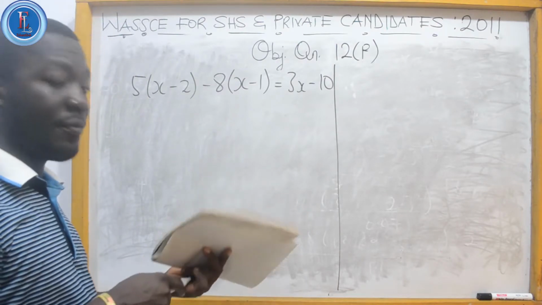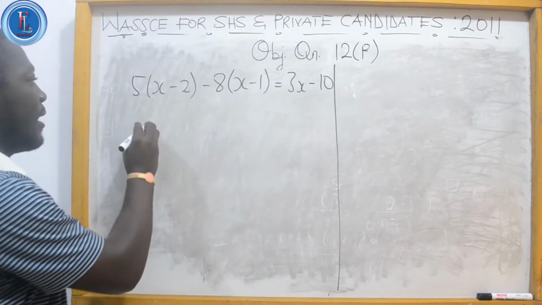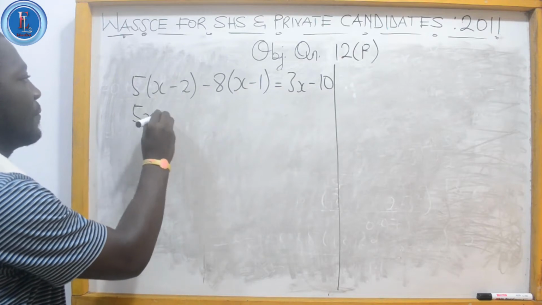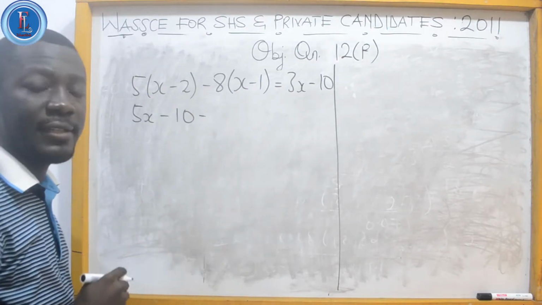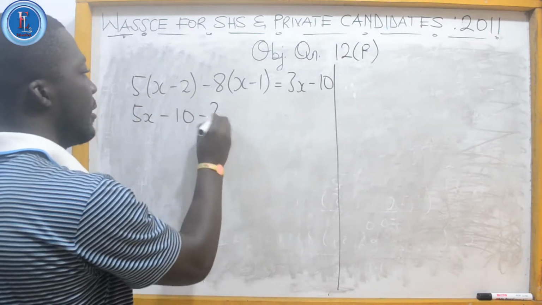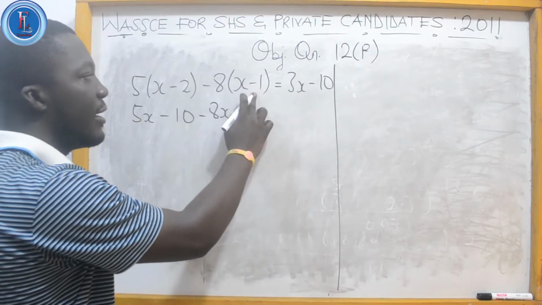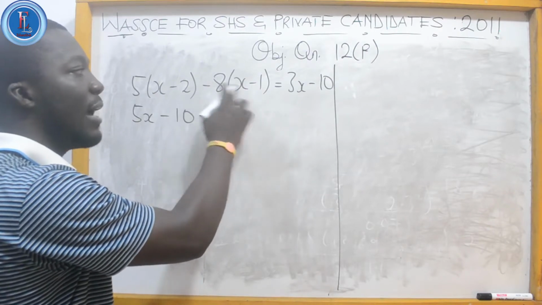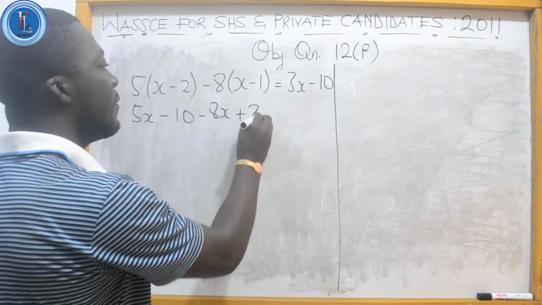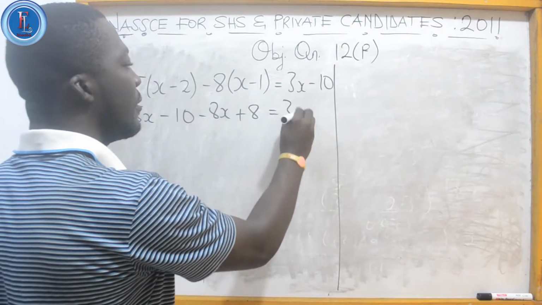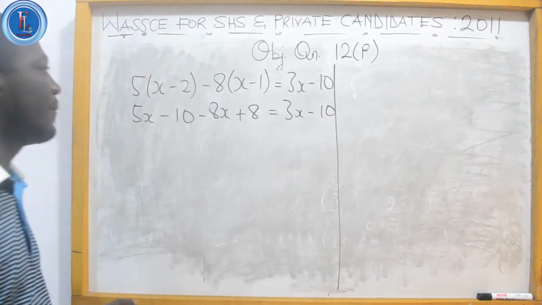So in our first step, we are going to expand the bracket. 5 times x is 5x, minus 5 times 2 is 10, minus 8 times x is 8x. There is a negative here and another negative. So negative 8 multiplied by this negative 1 will give us positive 8, which is equal to the right hand side 3x minus 10.